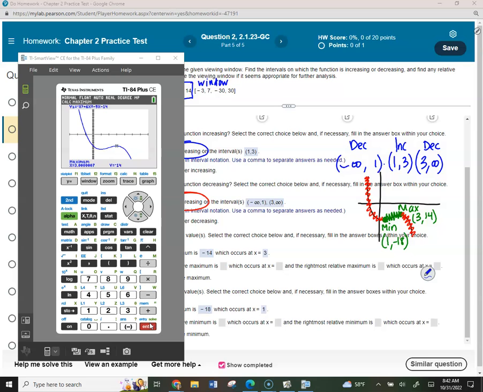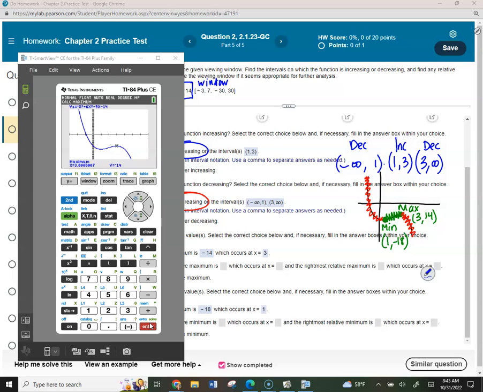So you need the cursor to just be slightly to the left of it. It already is. So hit enter. Now go to the right of it. All the way over the curve, like over the hump. There you go. Now put it in the middle of the hump. There's your pretty numbers. That's what it was.